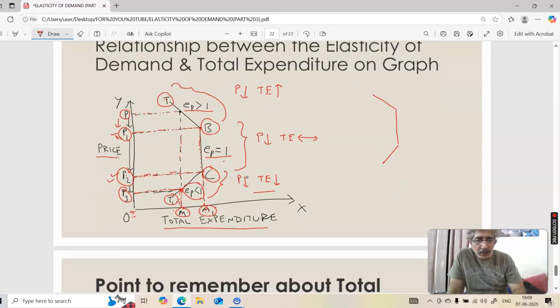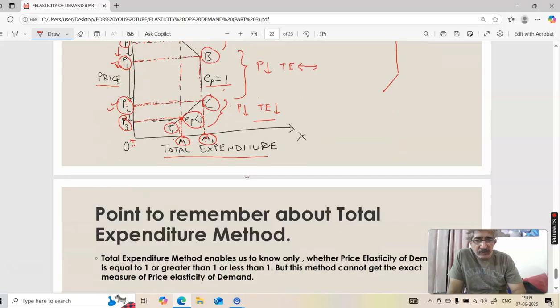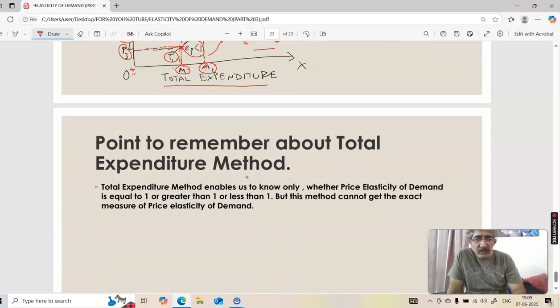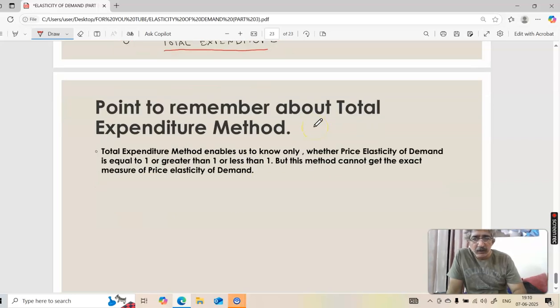Now I'm proceeding with a point to remember about the total expenditure method, children. Total expenditure method enables us to know only whether price elasticity of demand is equal to 1, or greater than 1, or less than 1, as we have just done above.